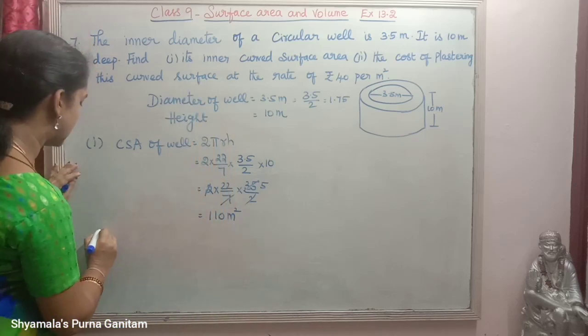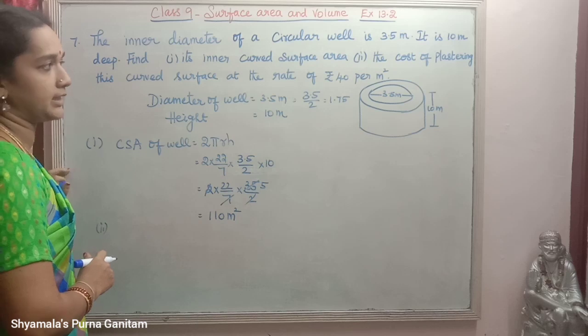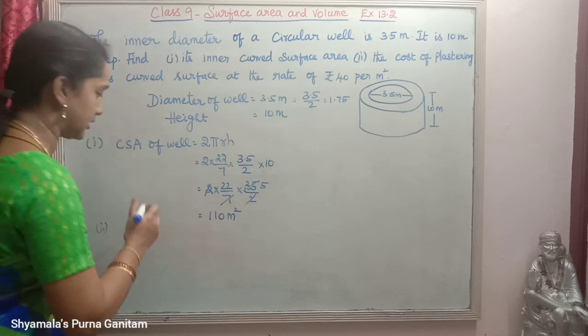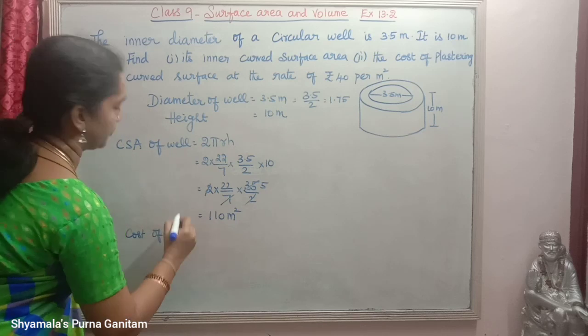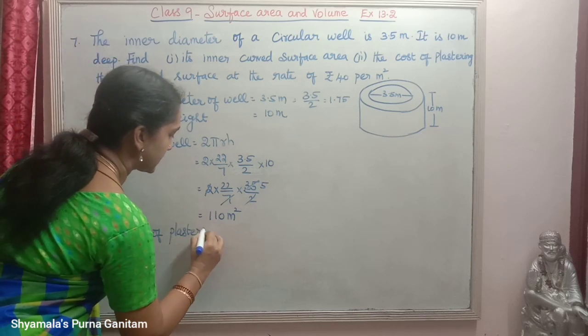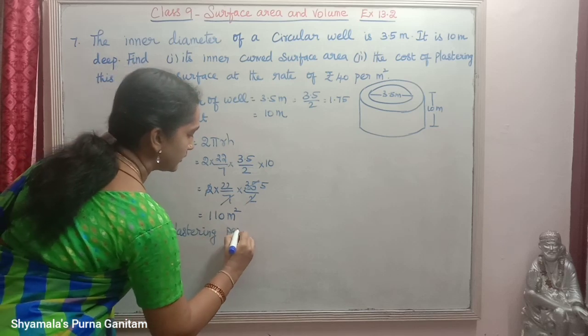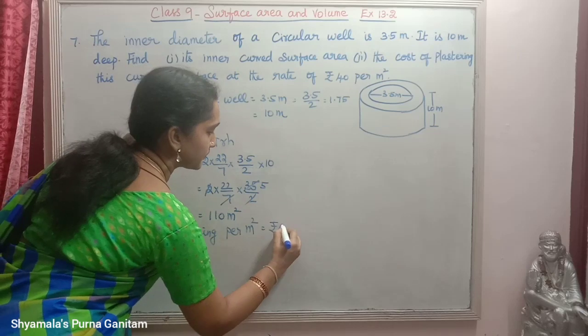So one more question is there, that is the cost of plastering the CSA at the rate of ₹40 per meter square. So the cost of plastering per meter square is equal to ₹40.